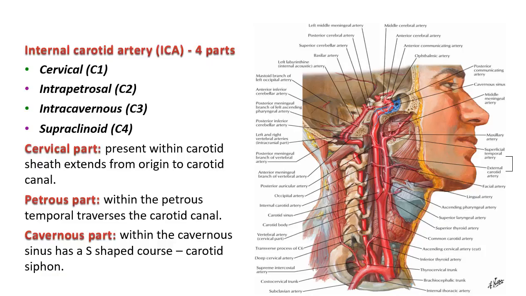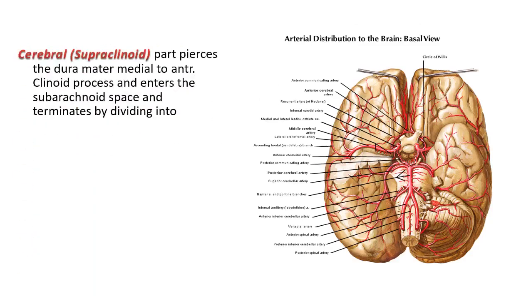Then coming to the supraclinoid part, the cerebral part, it is also called the supraclinoid part. Here you are able to see, medial to the anterior clinoid process, it turns upward from the anterior end of the cavernous sinus, pierces the dura mater and enters the subarachnoid space.